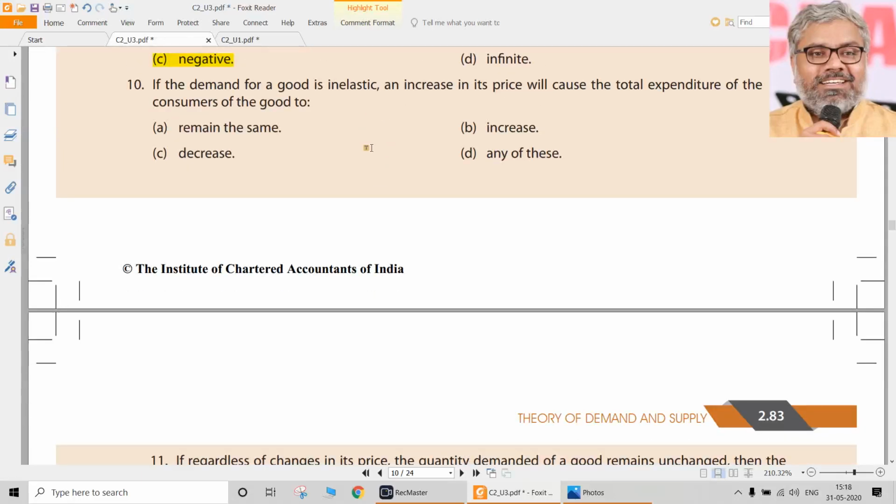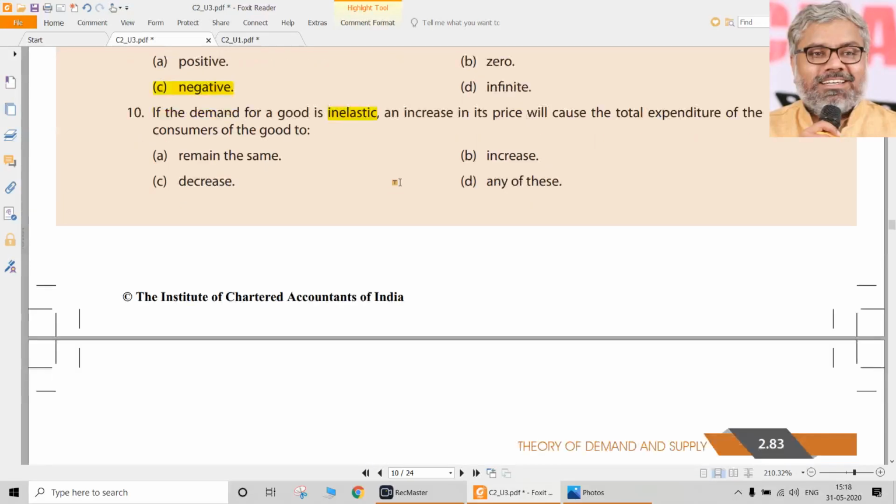Then question number 10. If the demand for a good is inelastic, he says, okay, that means there is not much impact of price on the demand or quantity demanded of that commodity. It is relatively inelastic.